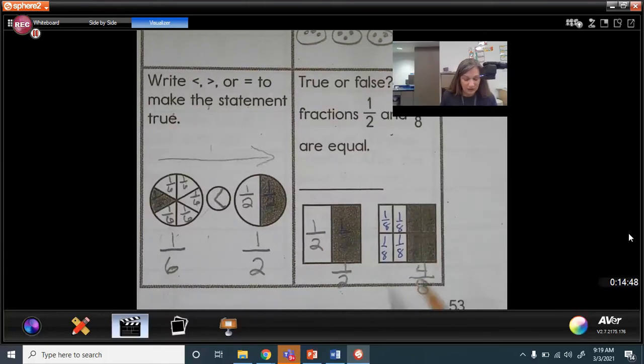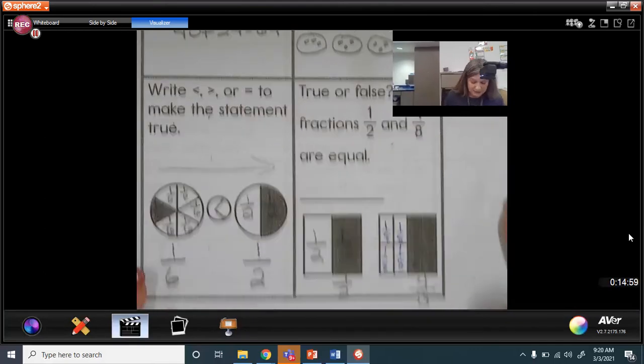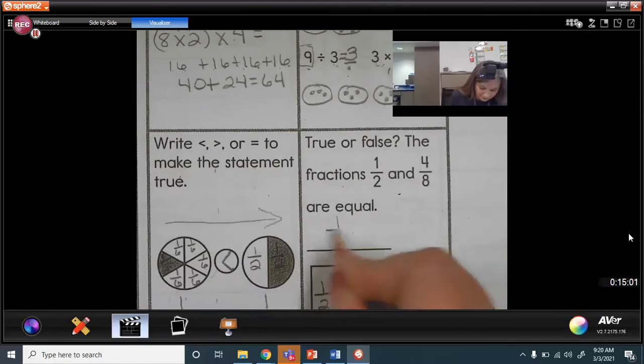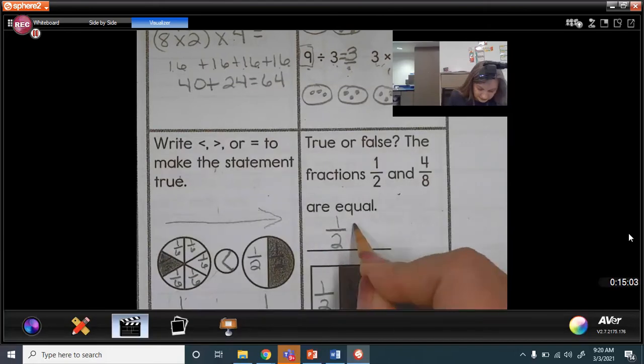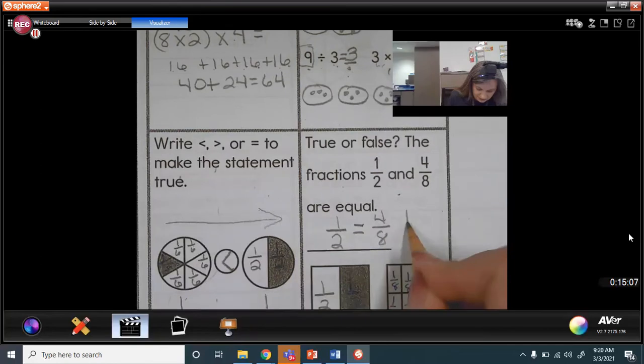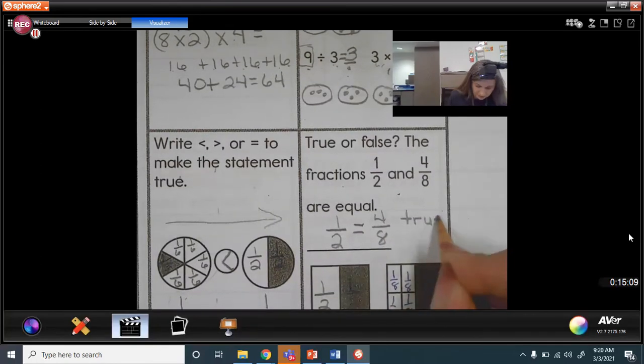So equivalent fractions are fractions that are equal to each other in an amount, but they may be partitioned into different sized pieces. So we can say that 1/2 is equal to 4/8. And yes, this is a true statement.